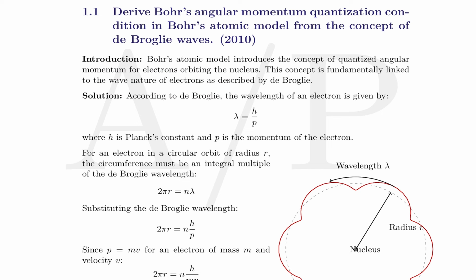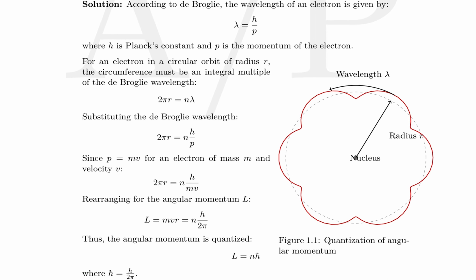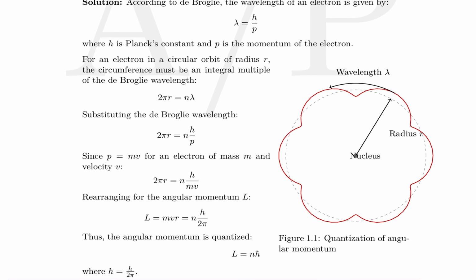According to de Broglie, the wavelength of an electron is given by lambda equals h upon p, where p is the momentum, h is Planck's constant, and lambda is the wavelength of the particle. Now, for an electron to orbit in a circular orbit of radius r, the circumference of the orbit should be an integral multiple of the de Broglie wavelength.